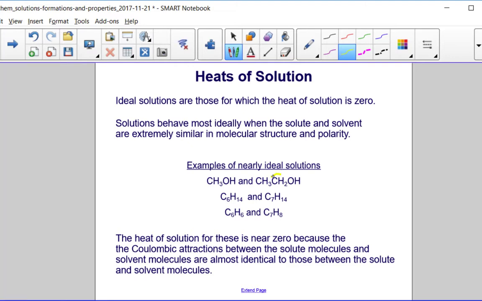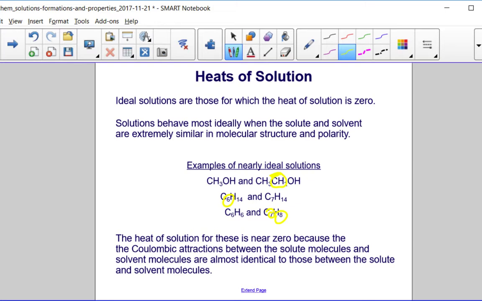The difference here is just a single CH group. And in the next example, we just have a difference in the number of carbons. And in the next example, difference in the number of carbons and hydrogens, but very close to one another.